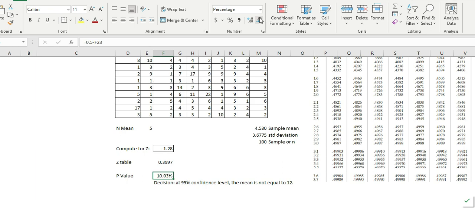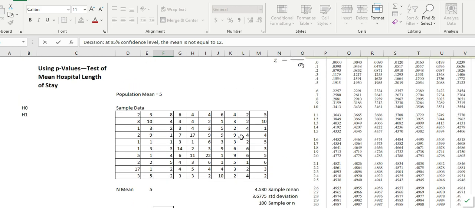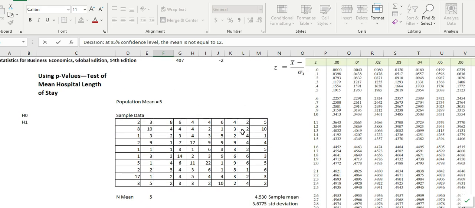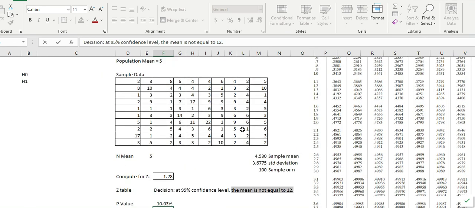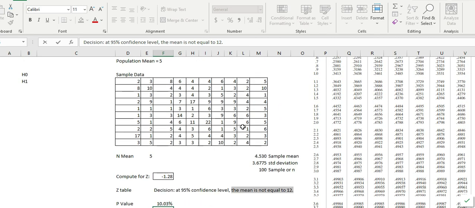All right. So at a 95% confidence level, no, this is from the last example, we'll change this one. At 95% confidence level, the mean is not equal to, okay, start here.